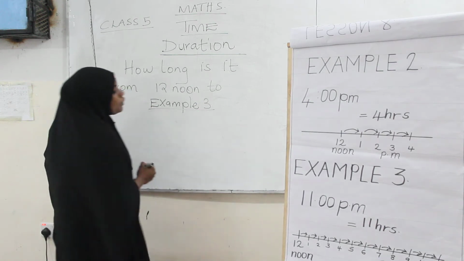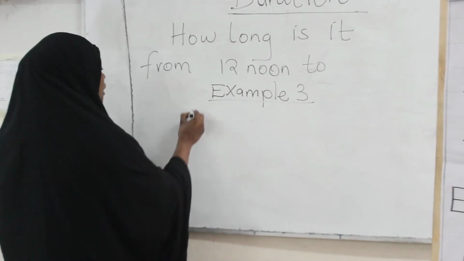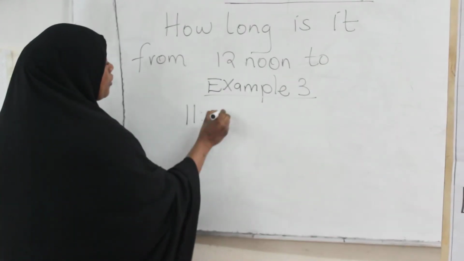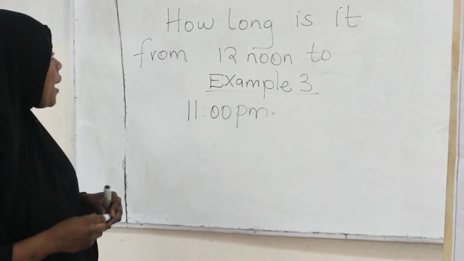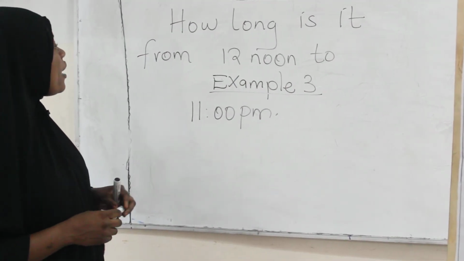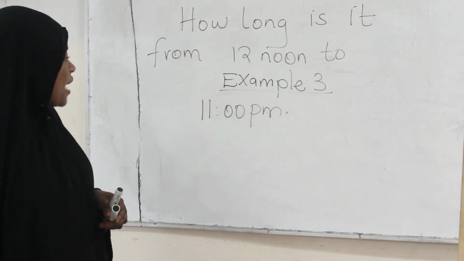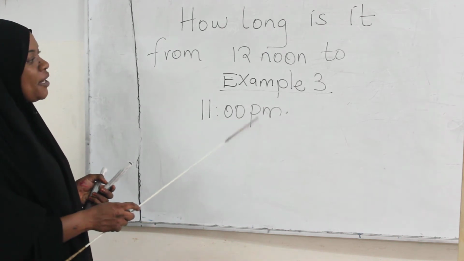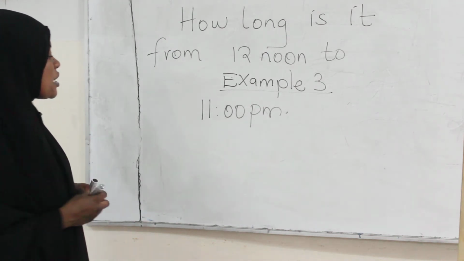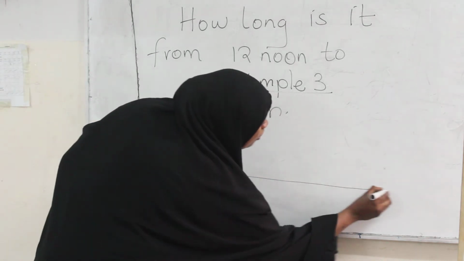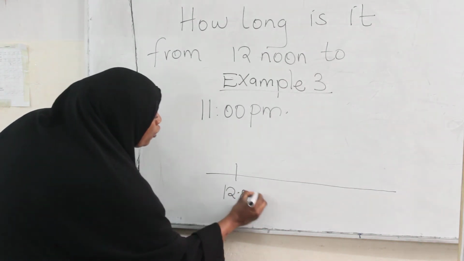In our example 3, we have 11 p.m. The question still remains the same: how long is it from 12 noon to the time given? The time given is 11 p.m., which is a time after noon. Let's use the timeline again. We are starting from 12 noon.